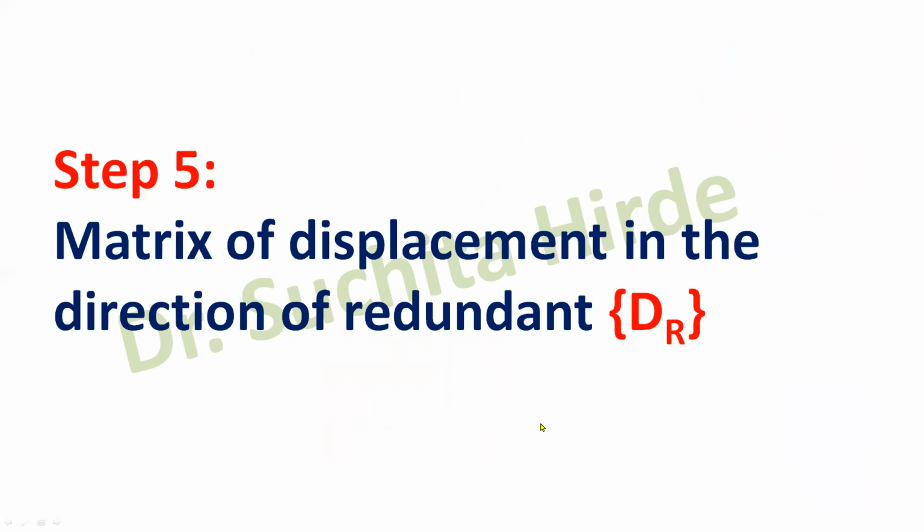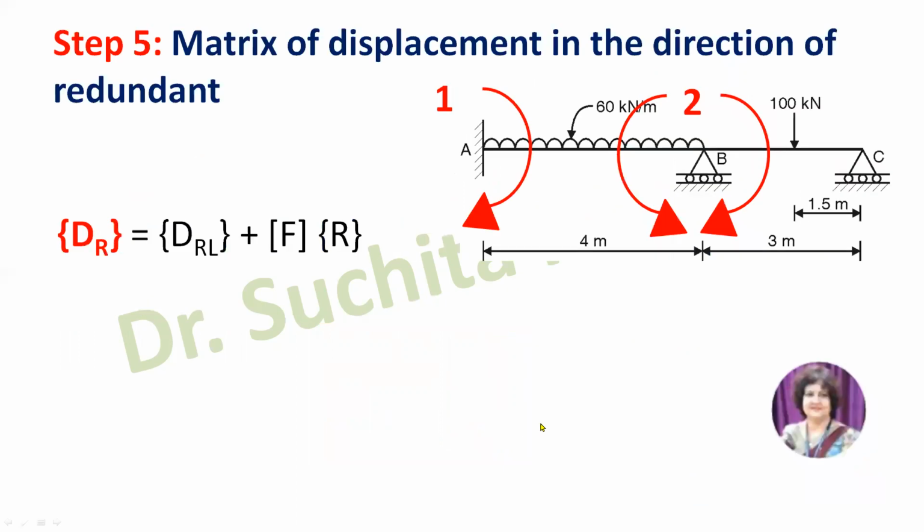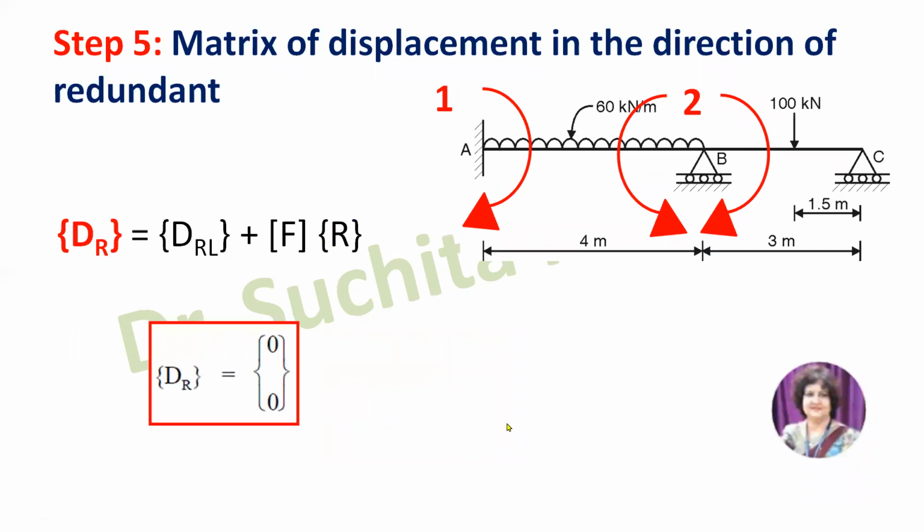Then next matrix is DR matrix. So in DR matrix, DR matrix means displacement in the direction of redundants. Redundants in this direction, if there is some slope which is already there in the structure, if there is some displacement in the direction of this movement due to any reason, then that will appear here.